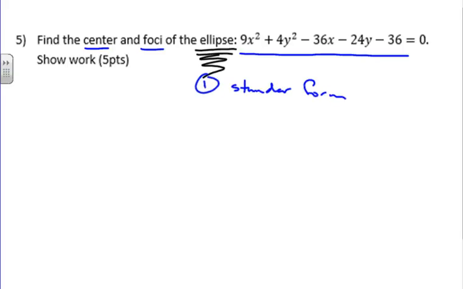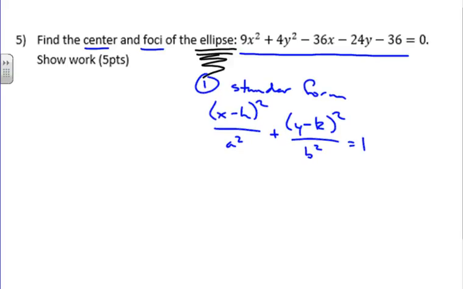So the first thing, in order to find the center and foci, is to put it into standard form. If you wonder what standard form of an ellipse is, it is either (x minus h) squared over a squared plus (y minus k) squared over b squared equals 1. This is a horizontal ellipse because the a value is underneath the x.